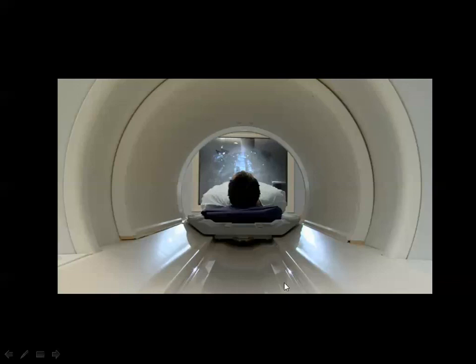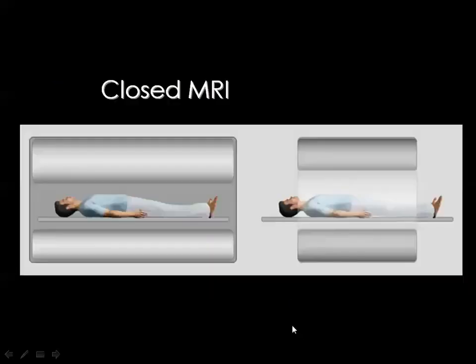At that time, the patient totally was enclosed within the magnet, and this had resulted in many drawbacks, especially for those who are claustrophobic and they are afraid of closed spaces.